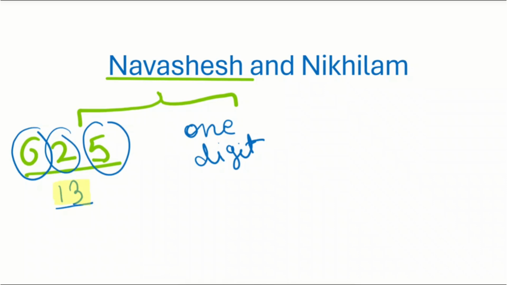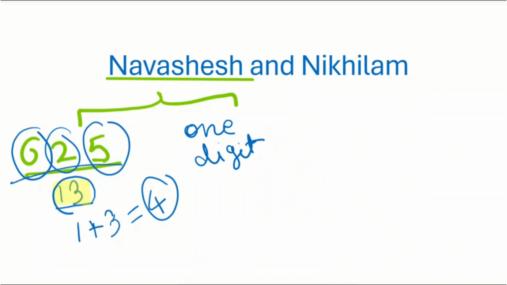To convert it into a one-digit number and get a proper Navashesh, we again add the digits of 13, that is 1 plus 3, which gives us 4. Therefore, the proper Navashesh of 625, or the digital root of 625, is 4.